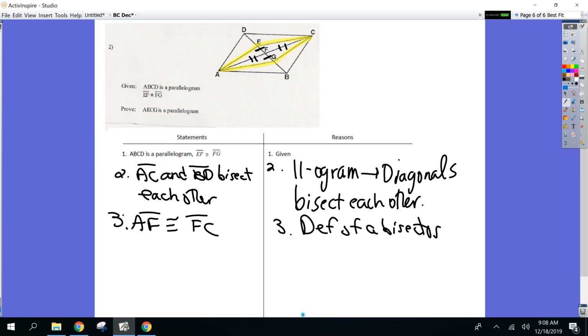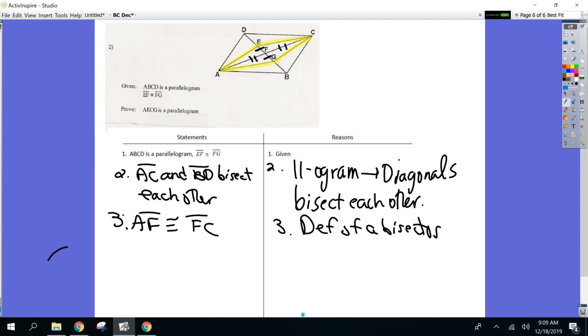Everyone see that? You cannot put statement 3 with reason 2. The only reason that can go with 2 is that they bisect each other. Okay, it's a parallelogram now, right? ABCE, correct? What's your reason going to be then? Why is the one in the middle a parallelogram?